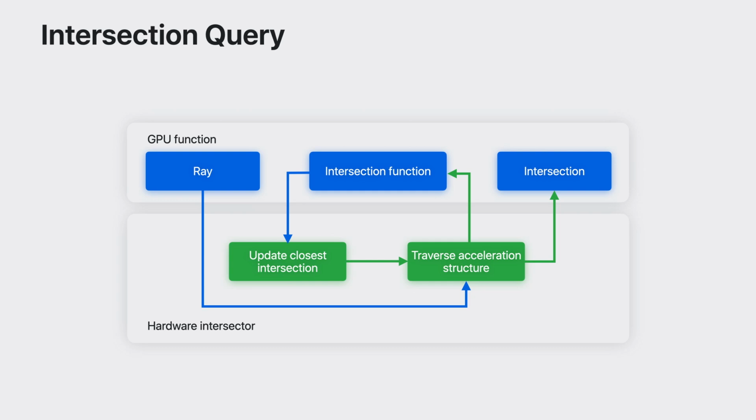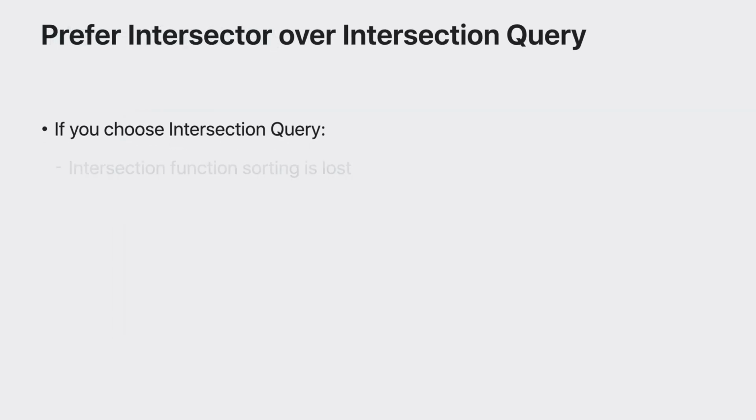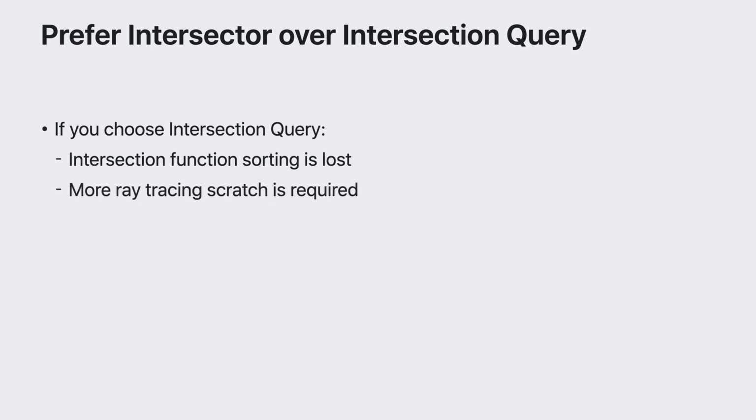The intersection code is executed in the original GPU function, and the hardware intersector needs to wait until the code completes before continuing the traversal. If you choose to use intersection query, the hardware has no custom intersection functions to sort and cannot group the execution. It also needs to use more ray tracing scratch memory to allow it to return to the GPU function.